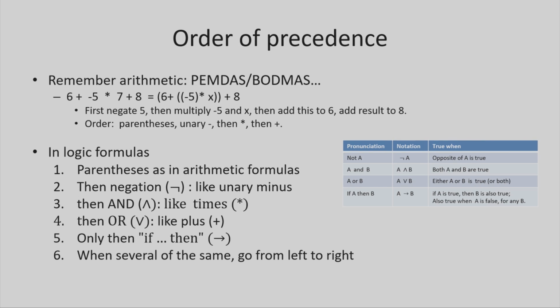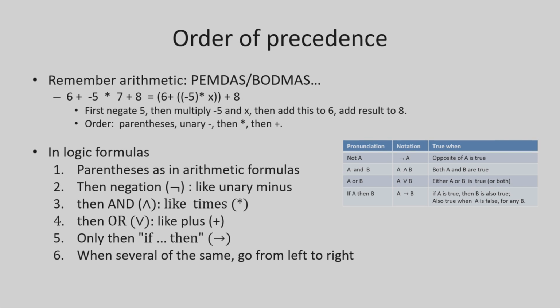So one way of understanding how to evaluate long logic formulas and in which order those connectives go is to think of parentheses, just like in arithmetic, as taking the highest priority, the negation behaving like unary minus. So whenever you see negation, you kind of have to do it before everything else. After you've done negations, you do your ands. It behaves sort of like times. It actually behaves like times in many respects.